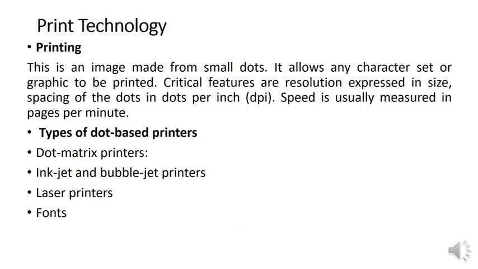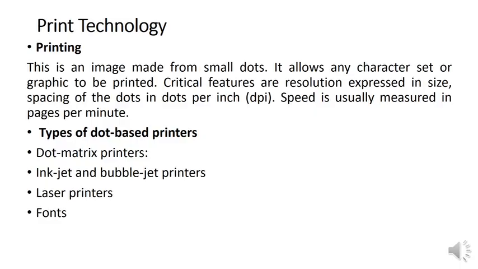Then we have print technology, whereby we have printers. This is an image made from small dots. It allows any character set or graphic to be printed. Critical features are resolution, expressed in the size and spacing of the dots in dots per inch. Speed is usually measured in pages per minute.